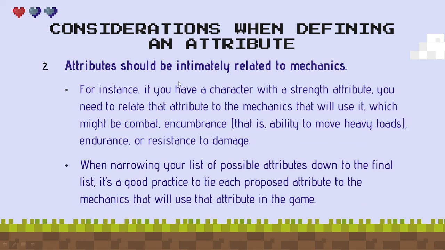Yung second, attribute should be intimately related to mechanics. So for instance, if you have a character with a strength attribute, you need to relate that attribute to the mechanics that will use it, which might be combat. Okay? So for example, halimbawa, yung punch mo, gaano kalakas, pwede mong i-align yun dun sa strength attribute mo. Kung halimbawa yung strength mo, gagamitin mo naman siya as endurance. So, pwede yun.